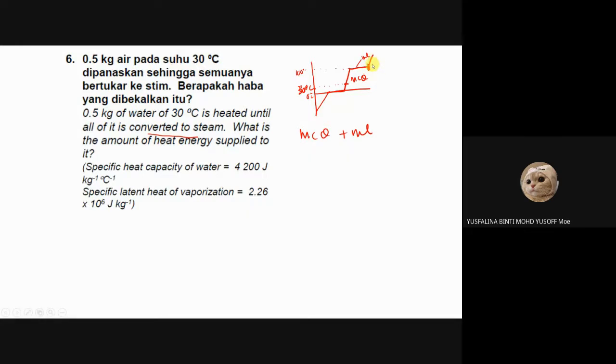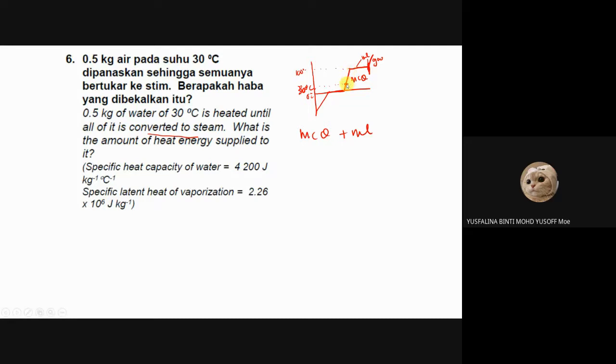Steam is in the gas state, so it will be heated until here, until all of it changes to gas. From 30 degrees to 100 degrees Celsius, you have to give heat energy for it to increase the temperature until 100 degrees Celsius. Then after it reaches 100 degrees Celsius, it will turn into gas or steam.